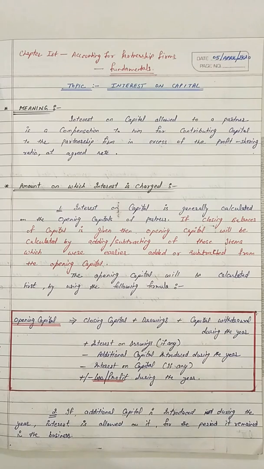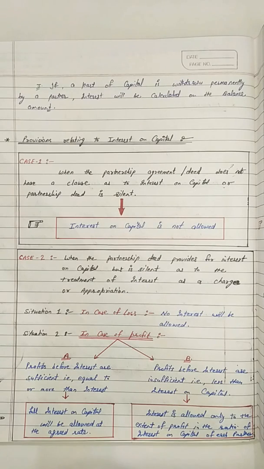If additional capital is introduced by a partner during the year, interest is allowed on it for the period it remained in the business. If a partner withdraws permanent capital during the year, interest will be calculated on the balance amount.